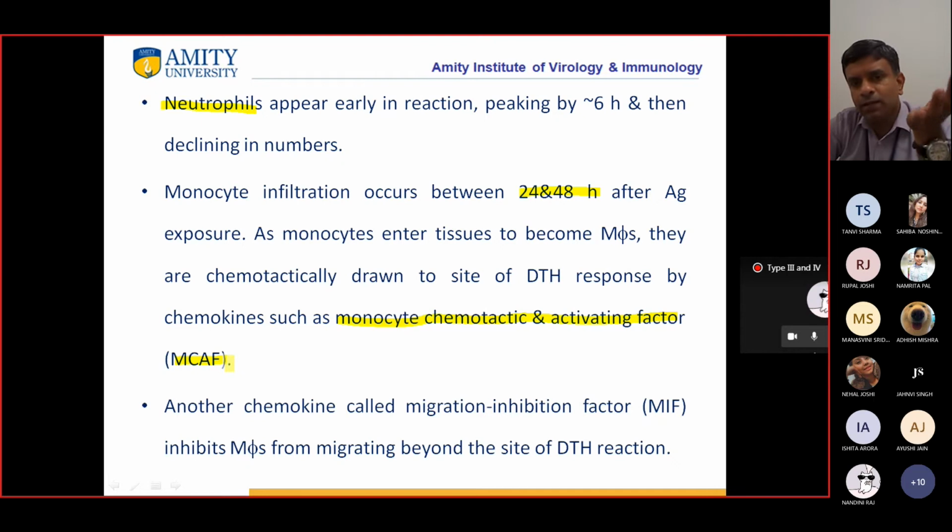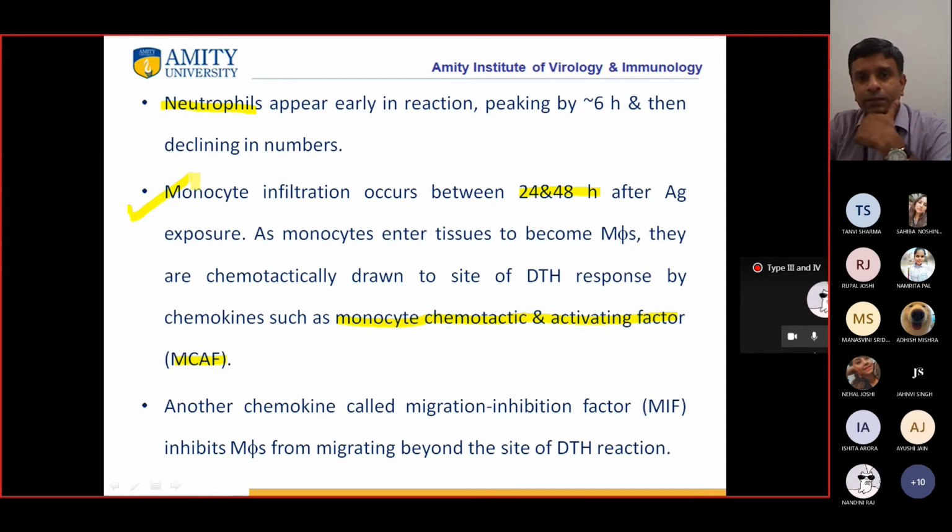The name itself tells you it is chemotactic for monocytes, so it will allow the monocytes, which get differentiated into macrophages later, and activating factor. So it will call the monocytes and also activate them, okay, another very interesting cytokine, right?